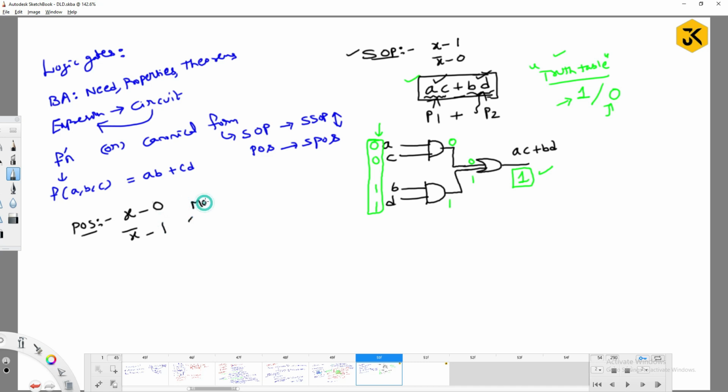Here we have max terms, represented with 0, right? It is represented in the form of the pi symbol, whereas the other is represented in the form of the summation symbol, sum of the products. Okay, fine. So I will try to take the same expression but in the form of product of sums, right?